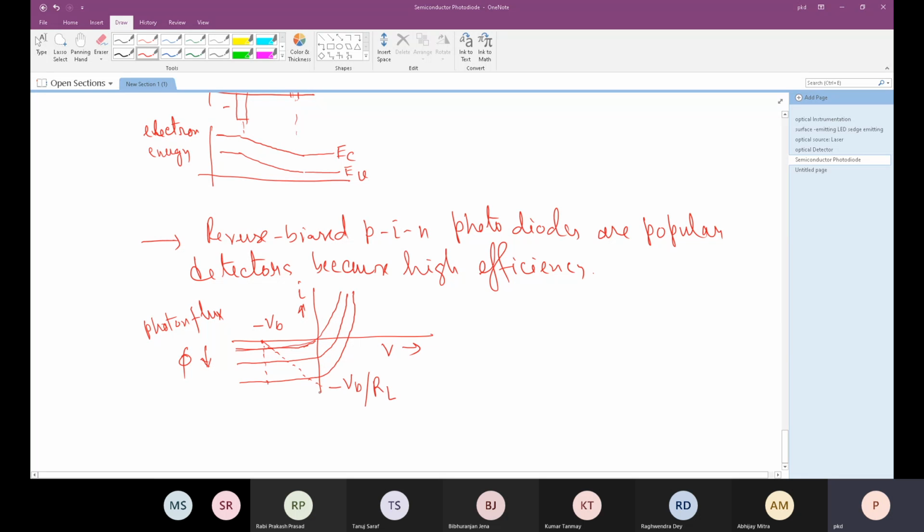The current will be given by minus VB by RL. So that means we have a load resistance RL here. So in this case, this curve will be followed.